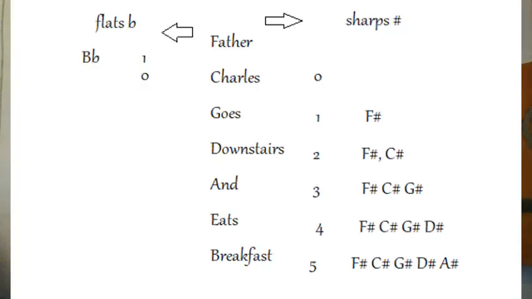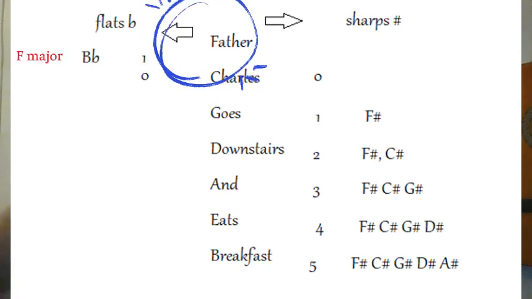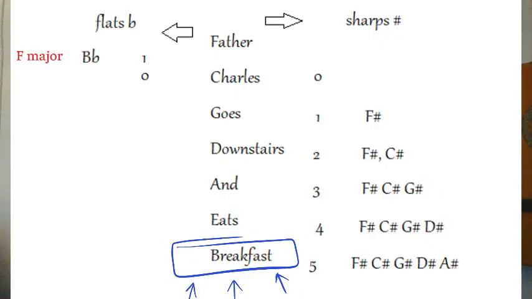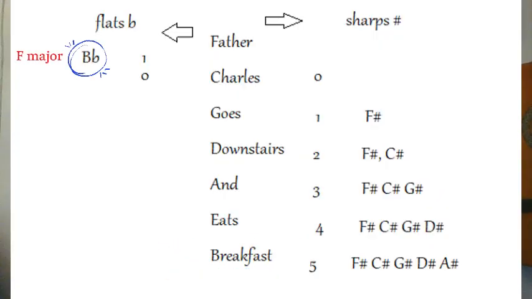So our first key before Charles, moving backwards, which we now know has nothing, Charles, we have Father, or F major. And F major is your first flat key. It has the first flat of the rhyme going backwards though, not going forwards like our sharps. So going backwards in your rhyme, the first thing you see is breakfast, or B flat. Alright, so F major, or Father, has a B flat, just one.